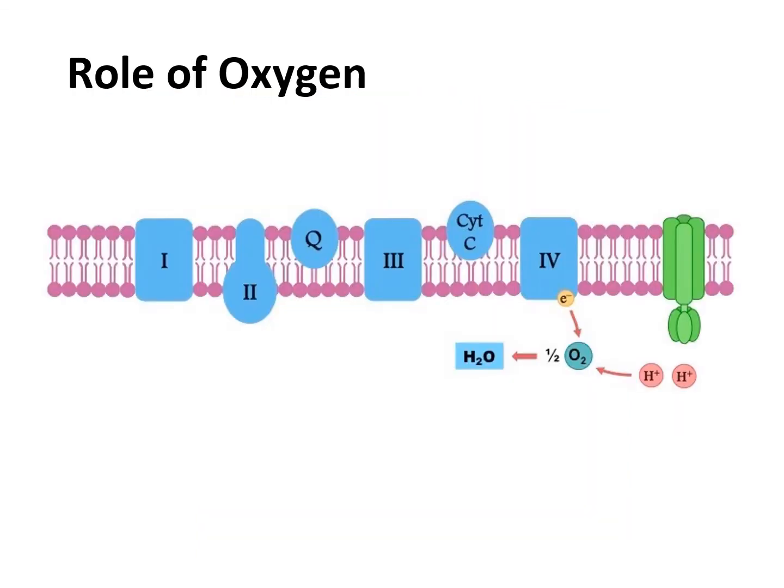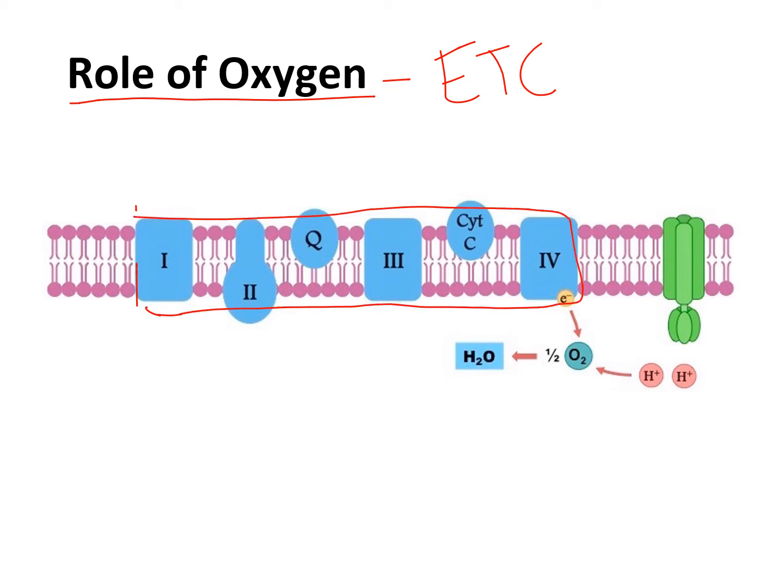Cellular respiration requires oxygen, and it's important to know the actual role of oxygen in this process. And oxygen is only involved during the electron transport chain. That's the only time that oxygen is involved. And in the electron transport chain, remember that is a series of protein complexes embedded in the membrane, the inner membrane of the mitochondria.